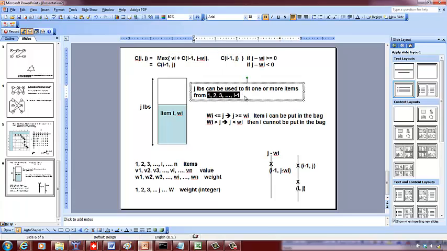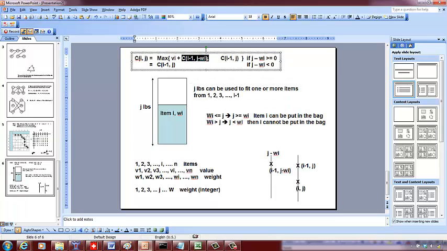Whatever you carry from there with items 1 up to i minus 1 or a subset of them, that's this value, plus the value carried by item i, which is Vi.